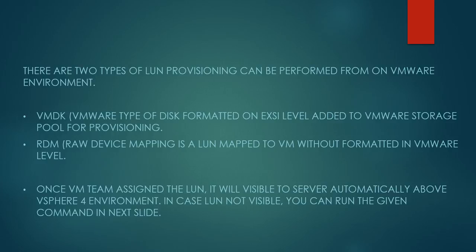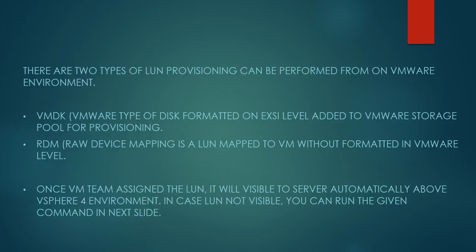Most of the time in production environment we are using VMDK, and RDM, the raw device type of LUN, is very rarely used, when we use high availability cluster. So in cluster environment we need to have those LUN as RDM.